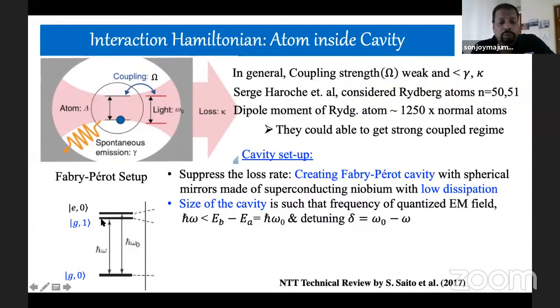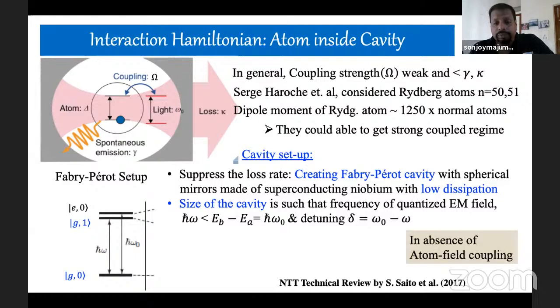The difference between omega and omega naught is known as detuning, which we write with the parameter delta. Delta is nothing but omega naught minus omega. It can be positive or negative, depending upon blue detuned or red detuned light.